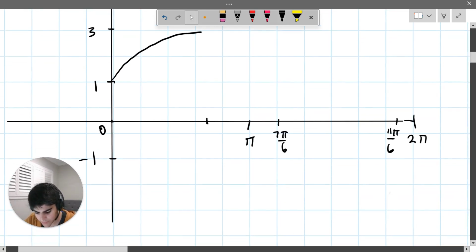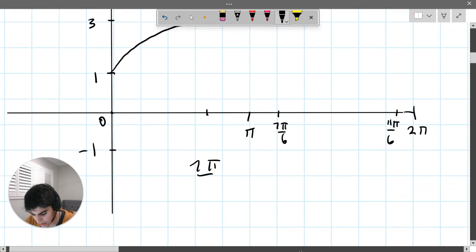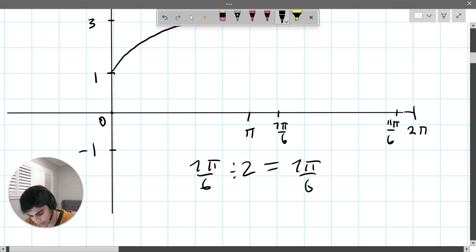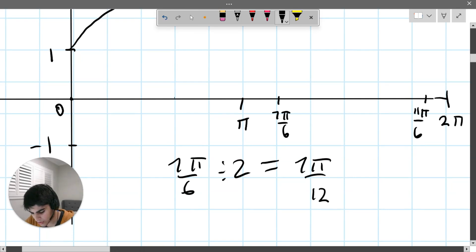Let's get this about halfway. So 7 pi on 6 divided by 2 equals 7 pi on 12. This is just over pi on 2. Let's say this is pi on 2, this is 7 pi on 12.